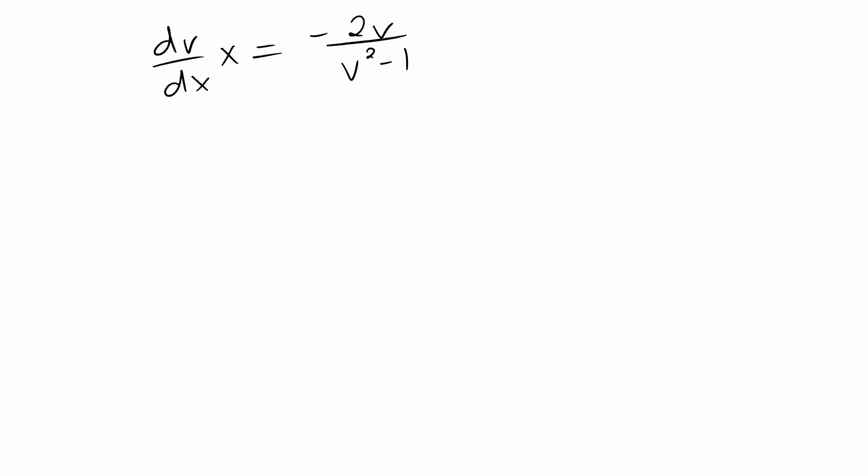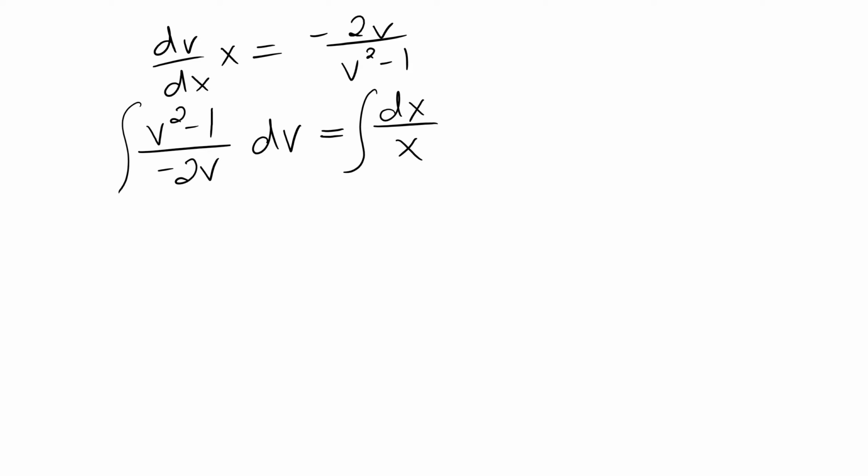This is supposed to be separable. So I need to move the v's to the left-hand side because the dv must be in the numerator. So I'd have v squared minus 1 over negative 2v dv equals dx over x. And they must be that way. The dv and dx must be in the numerator. Now I need to integrate both sides.